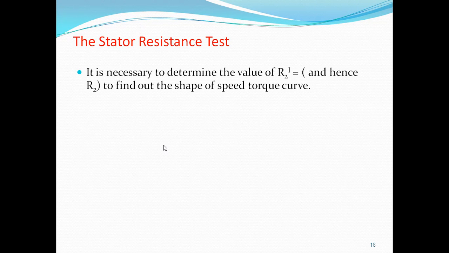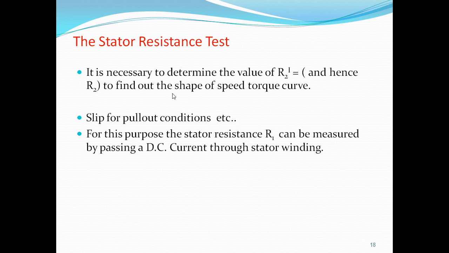To calculate the stator resistance, it is necessary to determine the value of R2 dash to find out the shape of the speed torque curve. For this purpose, the stator resistance R1 can be measured by passing DC current through the stator winding.